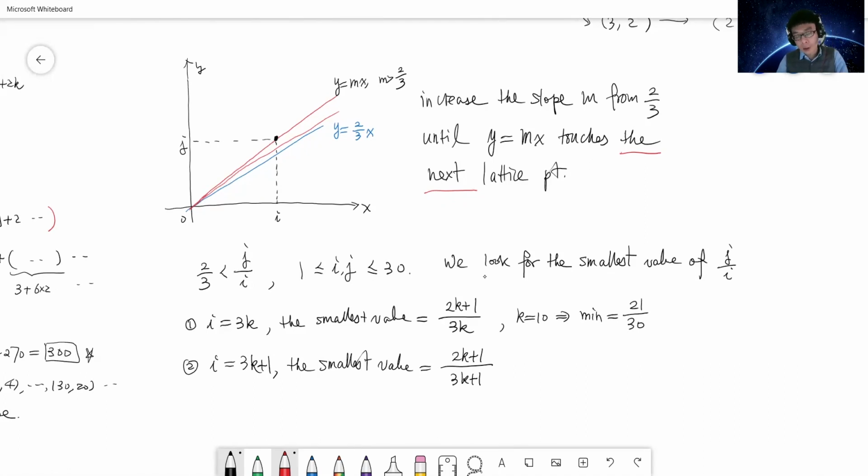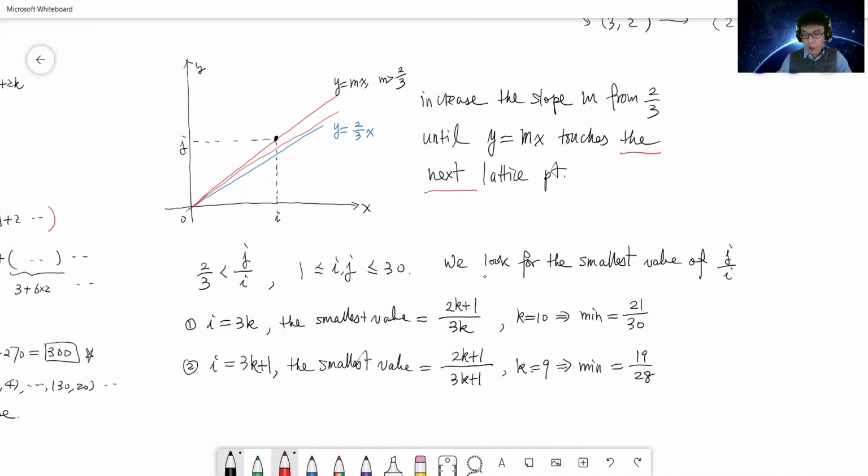This is already larger than 2 over 3. We want to minimize the fraction, so we take k equals 9. That gives the minimum value 19 over 28.